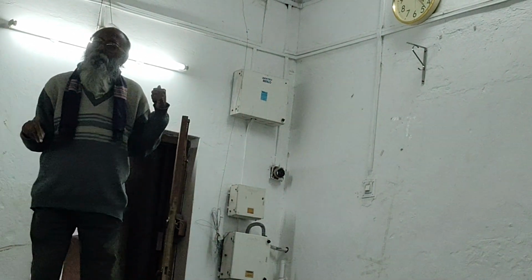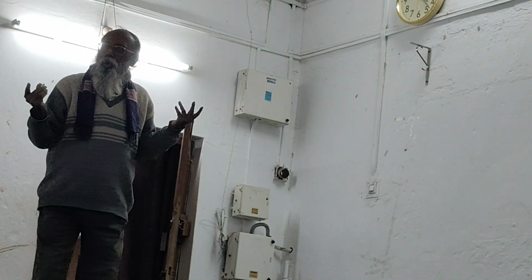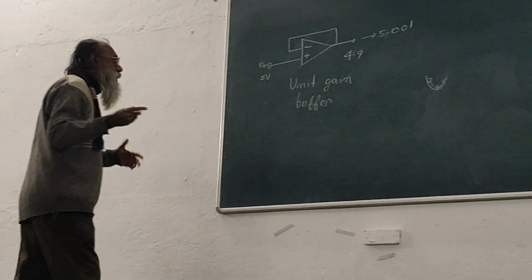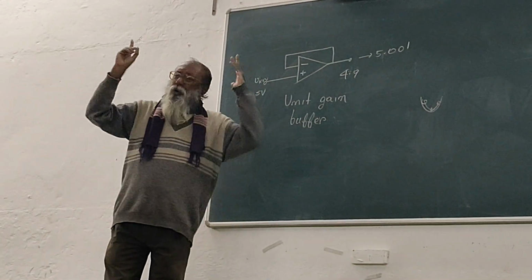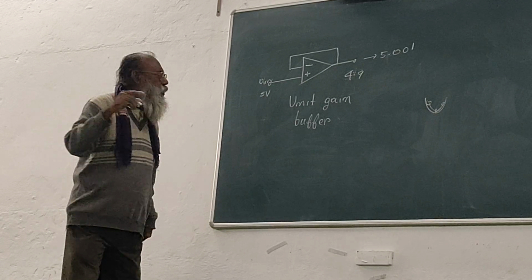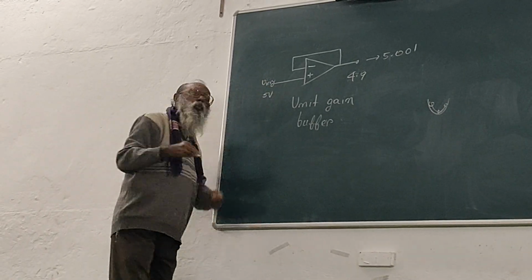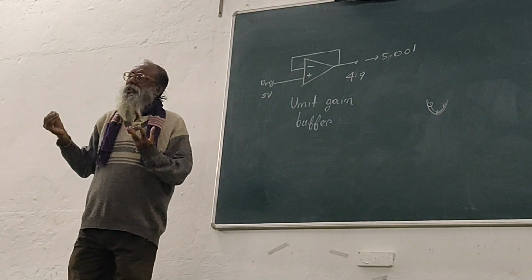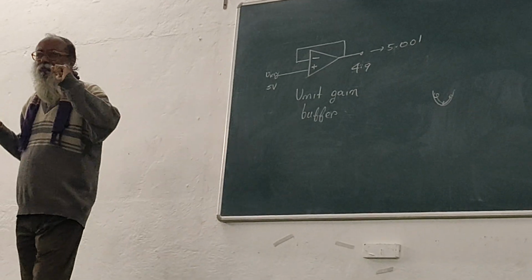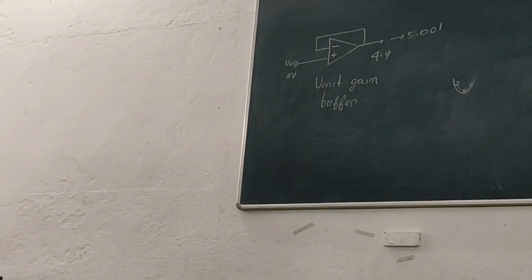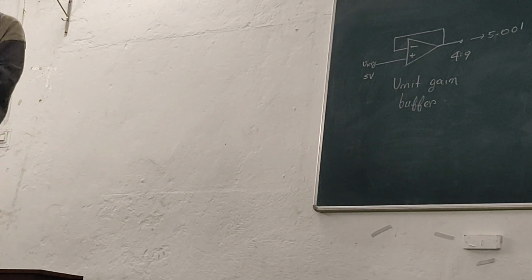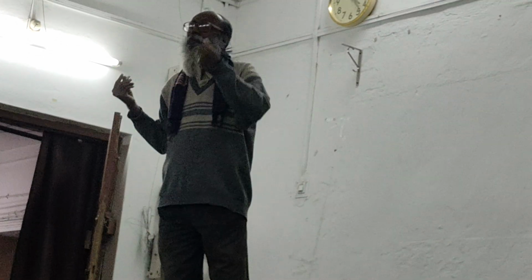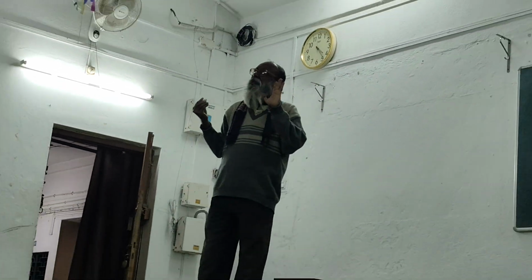Again, how does it help? It helps because you see here the input impedance, the op-amp has a very high input impedance, megaohms. So if this is a weak source, let us suppose this is a standard cell. The standard cell is current limited. Whatever the measurement is, standard is okay, but you should not draw more than a fraction of a milliampere. Otherwise the cell will go bad.